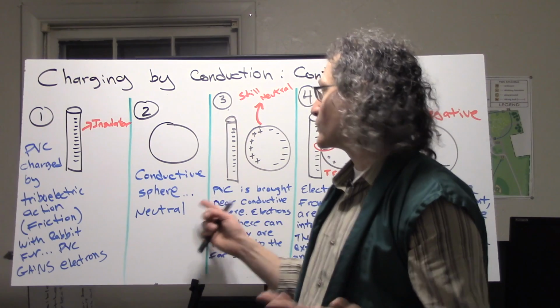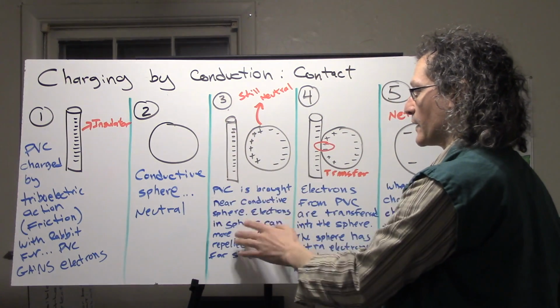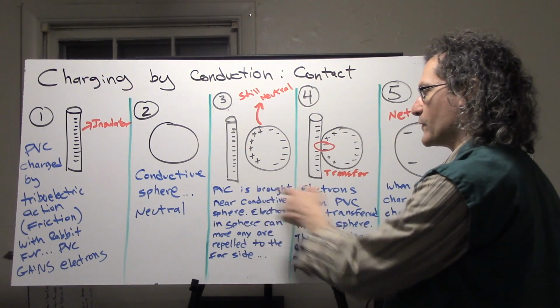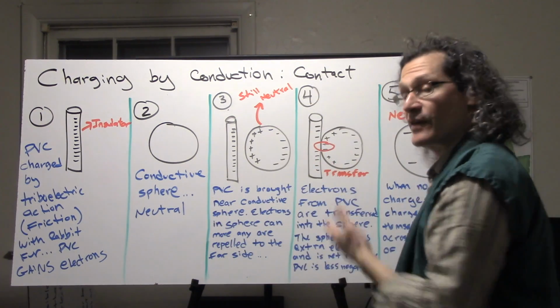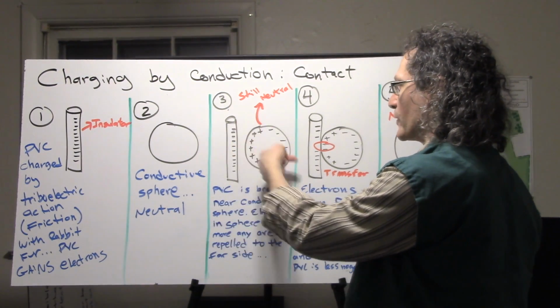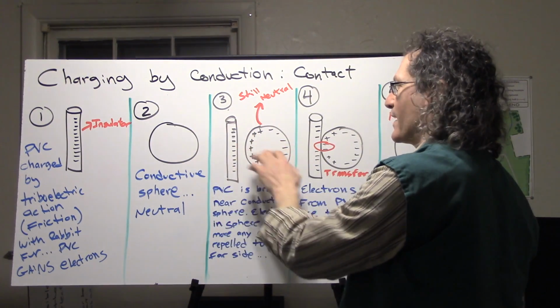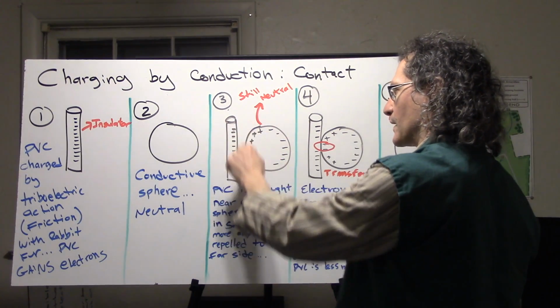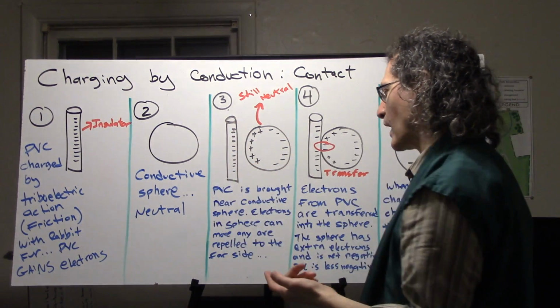But what happens when we bring said PVC tube near the conductive sphere? Well, the PVC is brought near it, and the electrons in the sphere, which again are allowed to move, go to the other side. They're pushed to the other side because they're being repelled. And there is this attraction also between the positives that are left behind and the negative PVC rod.